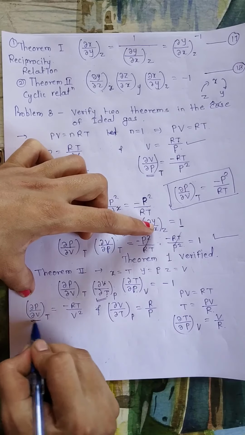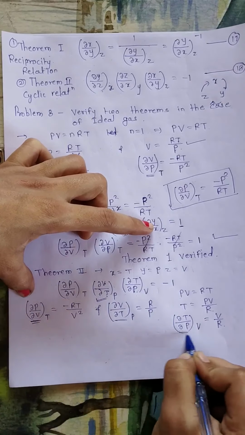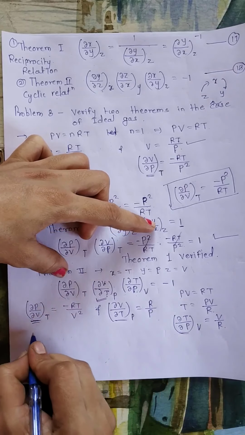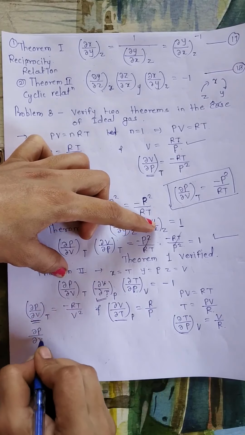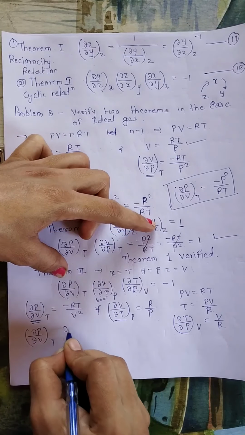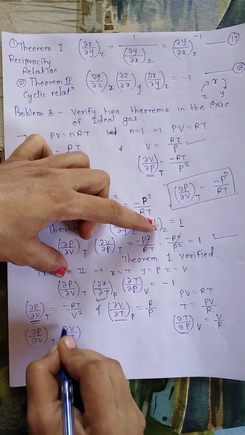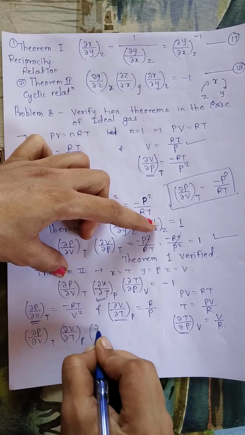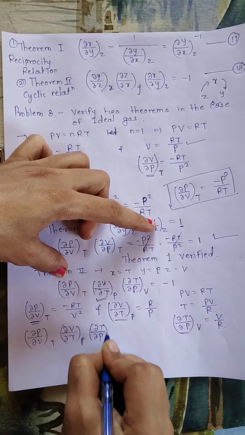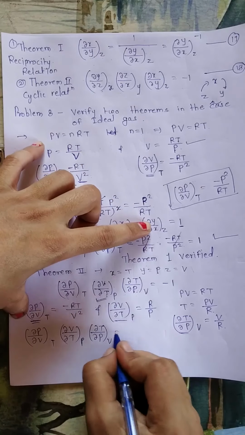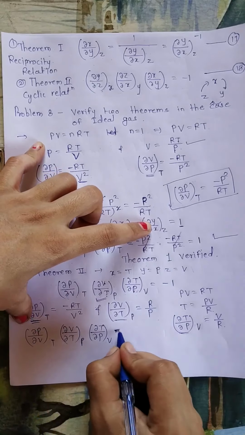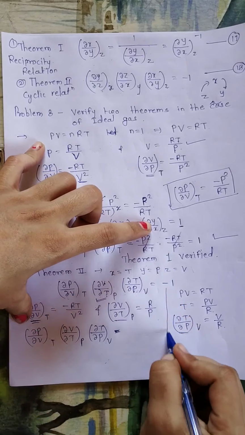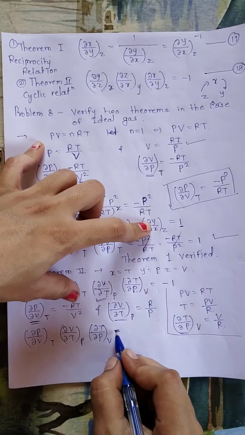Now we have to take the product of all these terms. So let's take the product of ∂P/∂V at constant T into ∂V/∂T at constant P into ∂T/∂P at constant V. Let's substitute those values. I will make here a little space. Now those values are here.